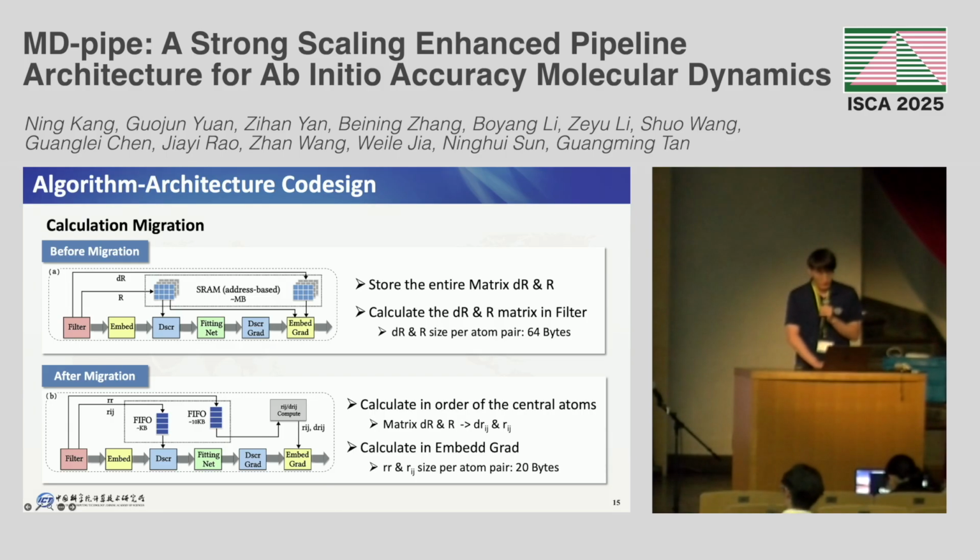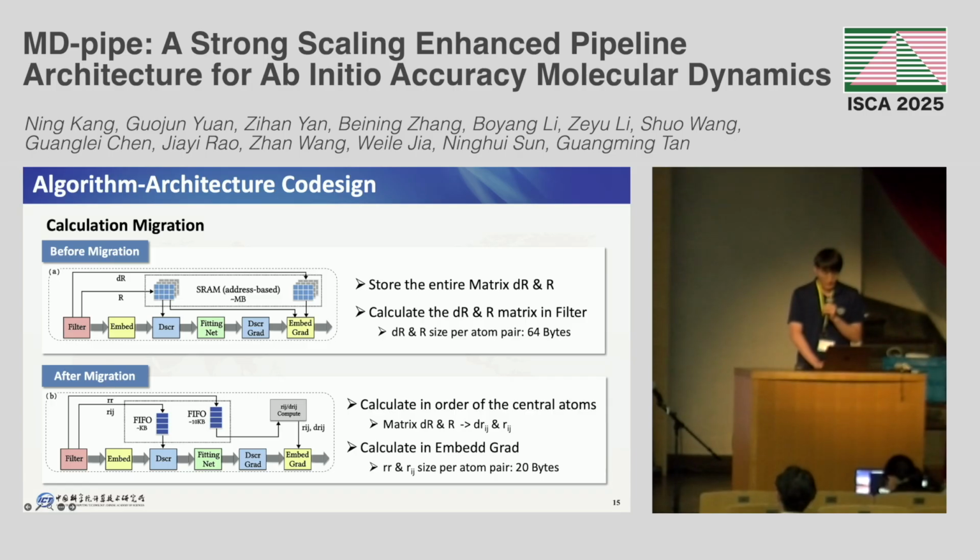Now let's talk about the original design flow. In the filter, we temporarily store the environment matrix R and DR, which requires 64 bytes per atom pair for storage. To address this, we develop an optimized approach.